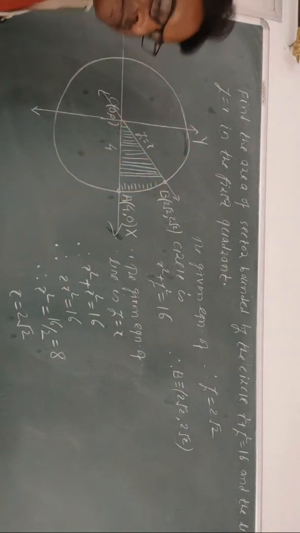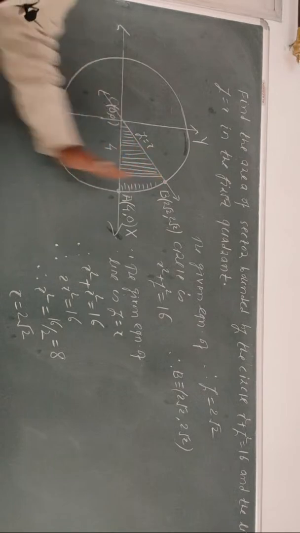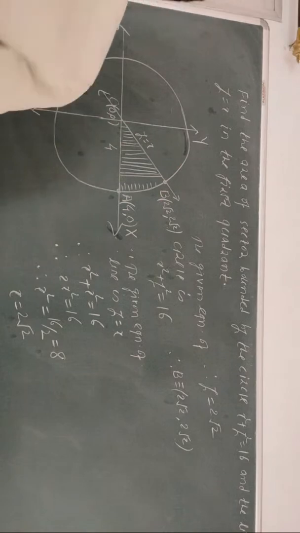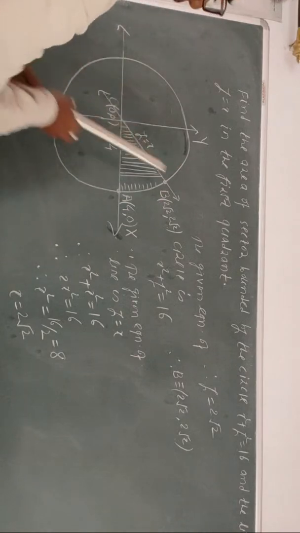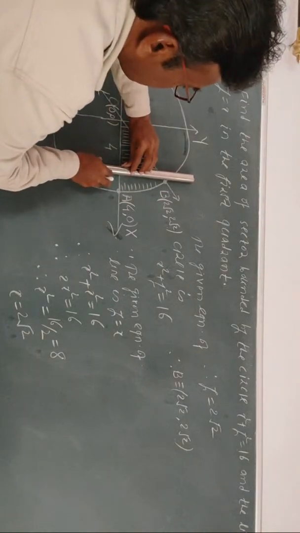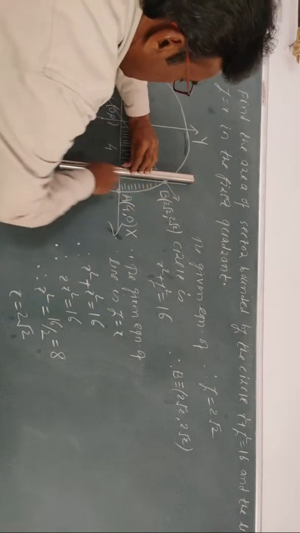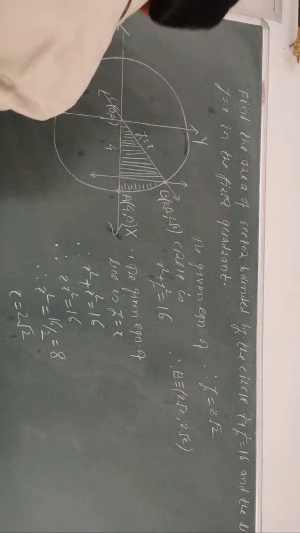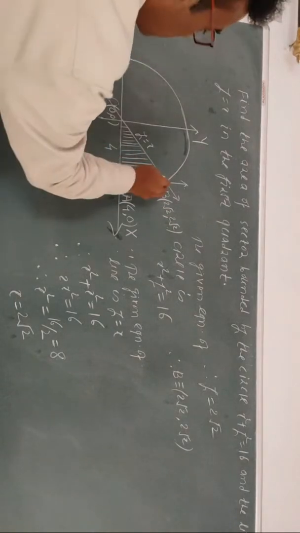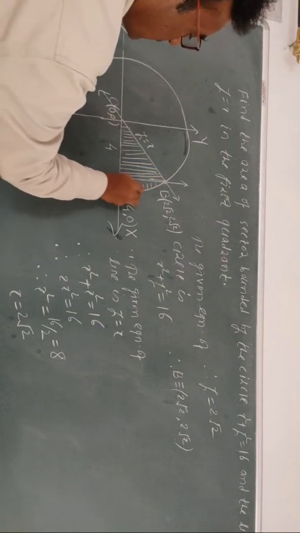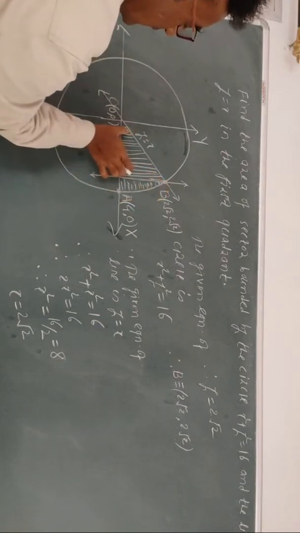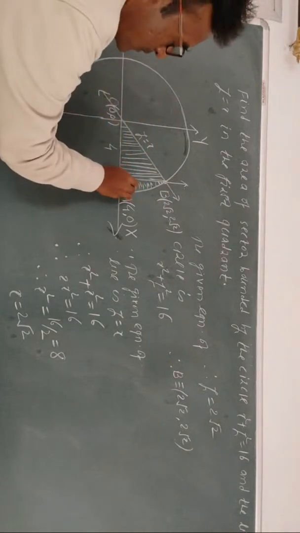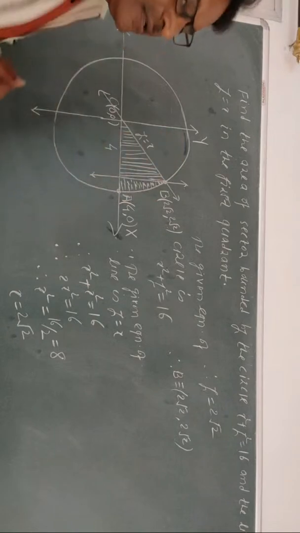Next we draw the line parallel to the y-axis and passing through the point B. And we find this area, that is the portion shaded by the vertical line and the portion shaded by the horizontal line.